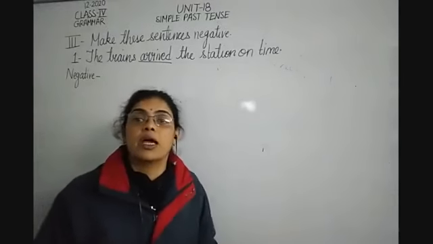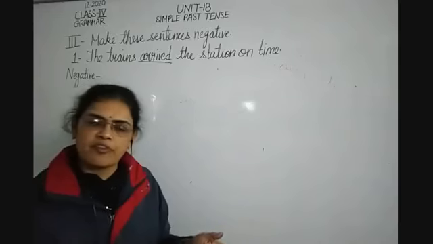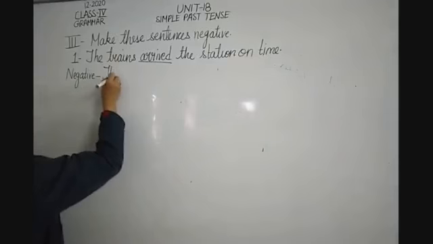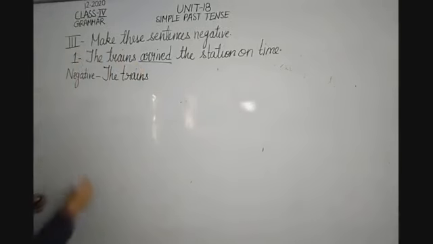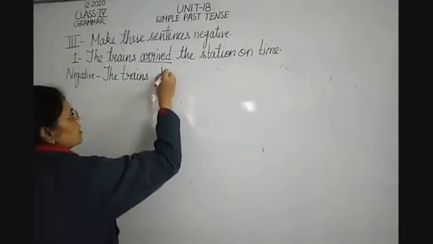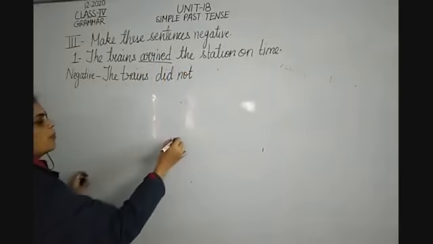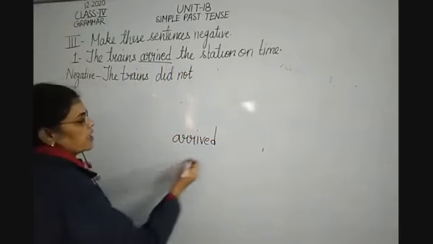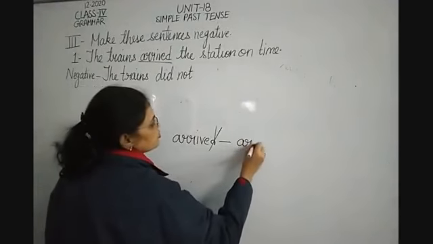So हमारा formula क्या है? After the subject, we are supposed to write did not plus the root form of the word, then the remaining sentence. So subject क्या है? The trains. Then after the subject, what are we going to write? Did not. Then the root form of arrived. अब बेटा arrived में d लगाना है ना? इसका रूट फॉर्म, if you remove the d, रूट फॉर्म क्या हो जाएगा?